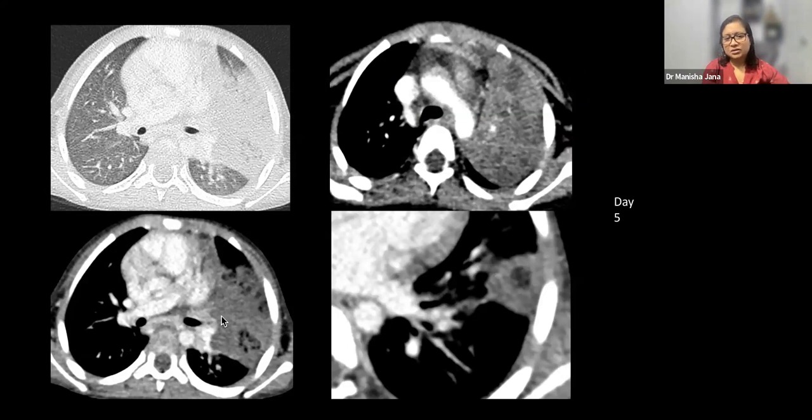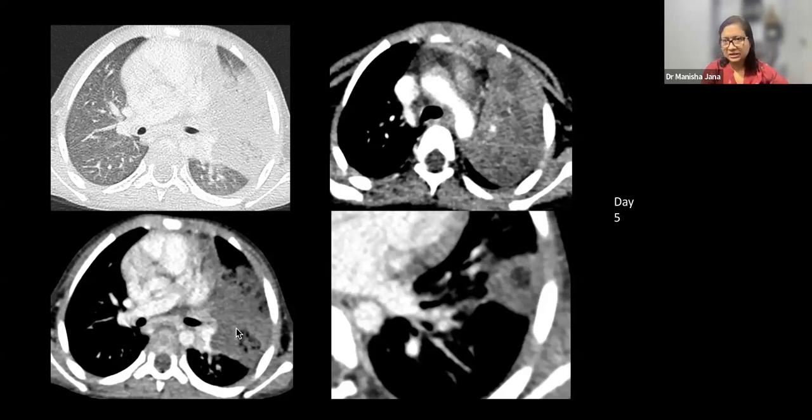There is a lobar consolidation, but what is more important is that within that area there is a very early onset of these mottled areas of air and low attenuation. So it is not exactly sloughed out, not fully air, neither is it fully consolidation. And the consolidation itself is enhancing quite less.